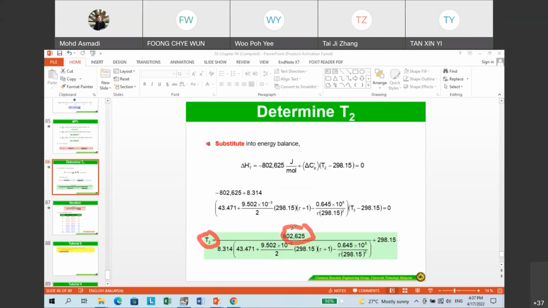Just substitute this one. What else? Delta HT, this one is delta HP. This one changes, this one changes, this one changes. The initial T you guess, maybe 2 or 3, and then you can get the value of T2.